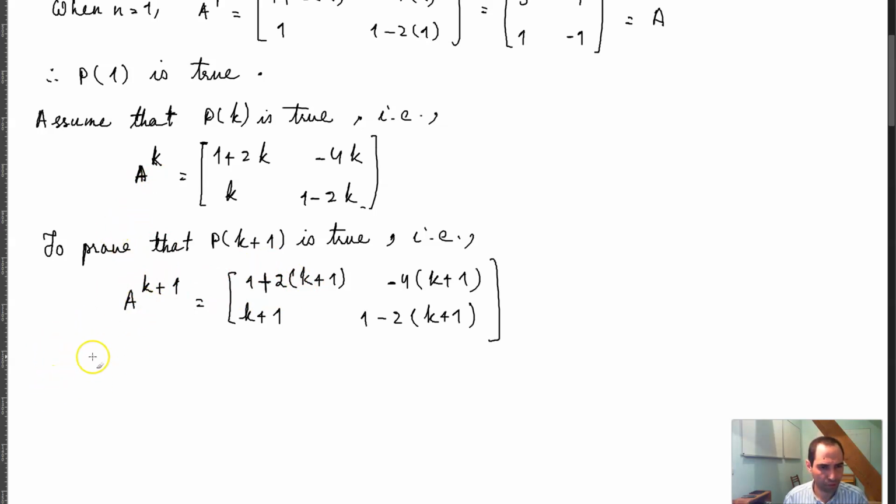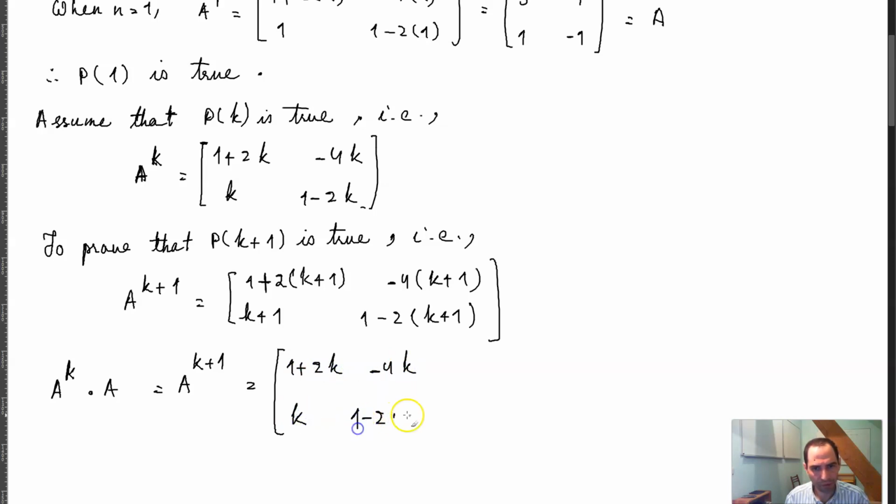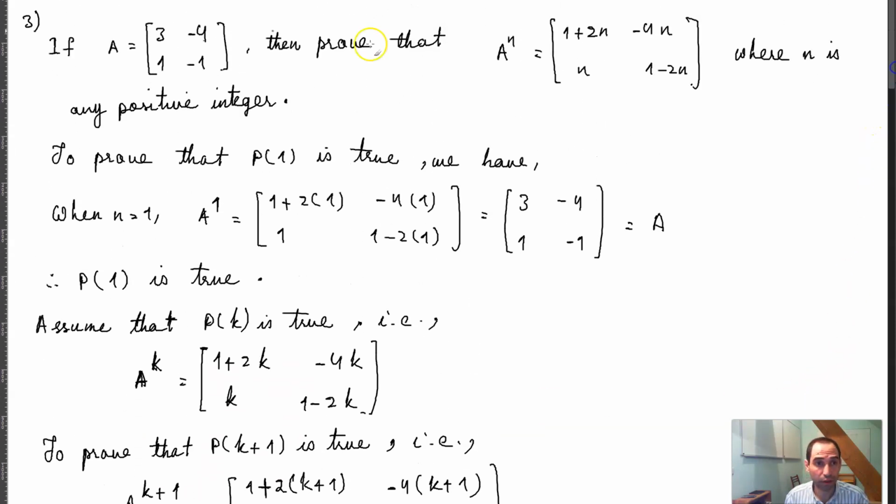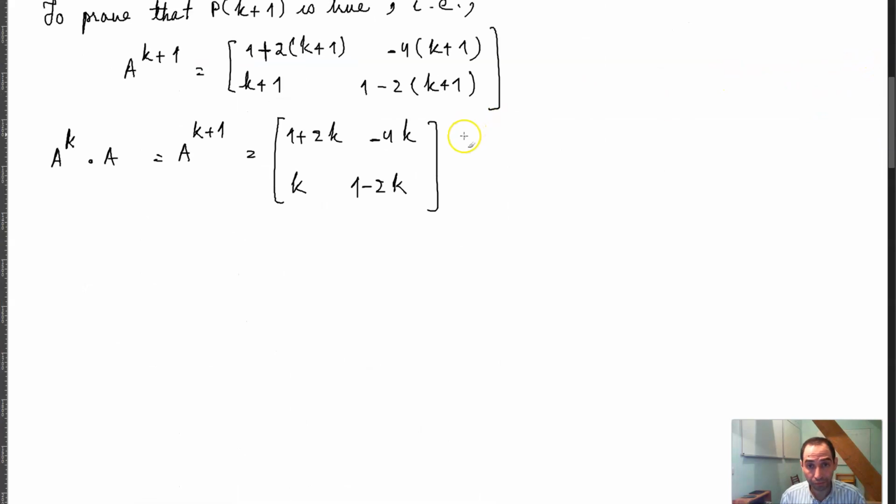The proof for this part would be A of k times A, which would be A raised to the power k plus 1. Now A of k I know is this matrix here, which is 1 plus 2k, negative 4k, k, and 1 minus 2k. And A would be this matrix here, 3, negative 4, 1, and negative 1.